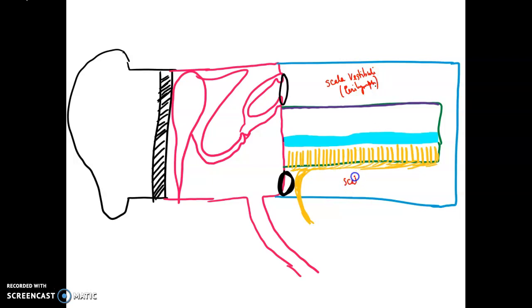This is scala tympani, filled with perilymph. And this is filled with endolymph.